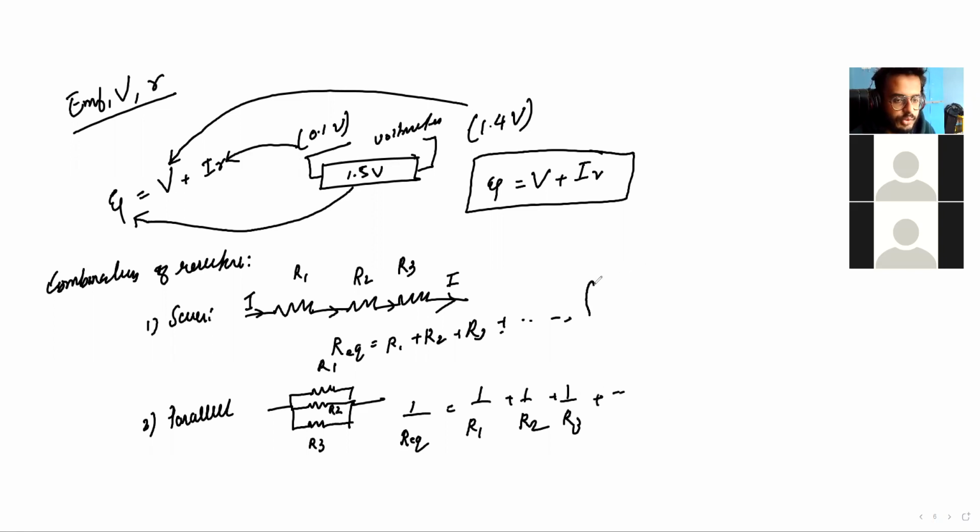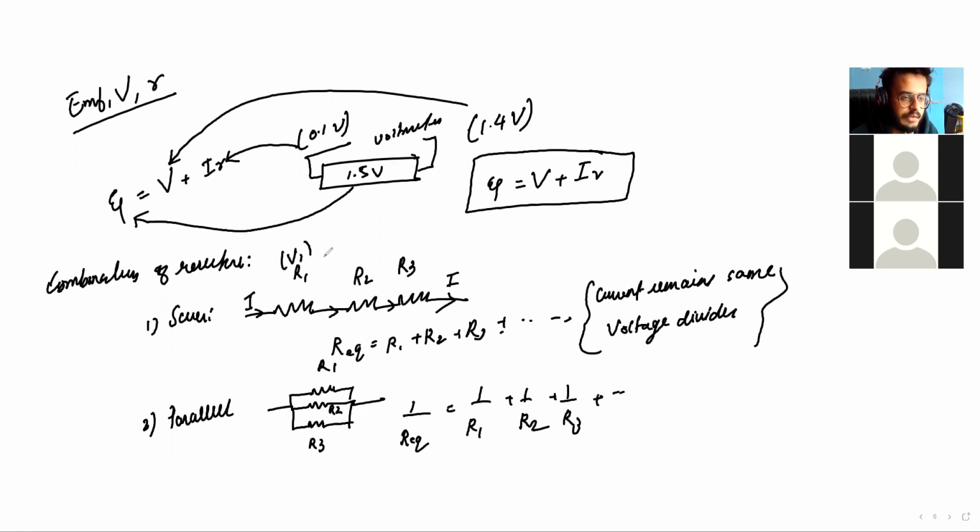So there are two things you need to know in series. Current remains the same and voltage divides. Voltage divides, which means every one of these resistances will get a different voltage, but they'll get the same current, I.